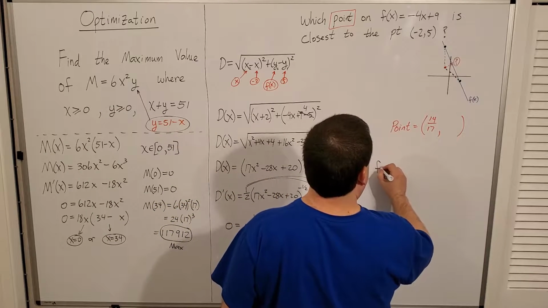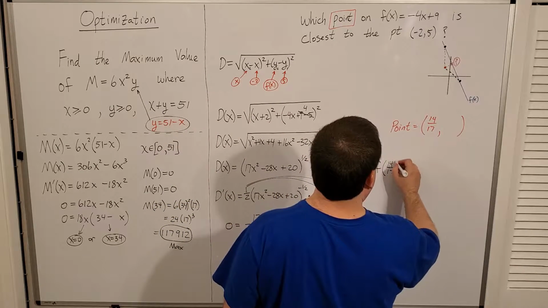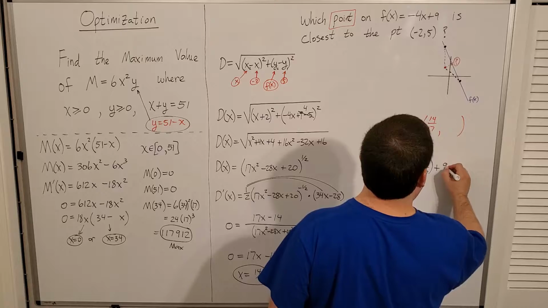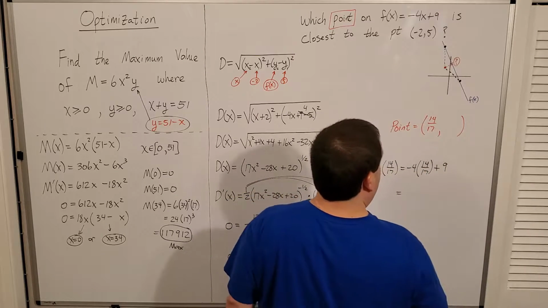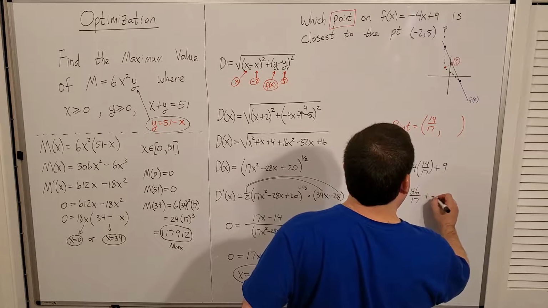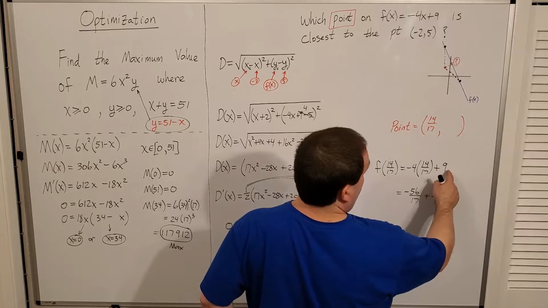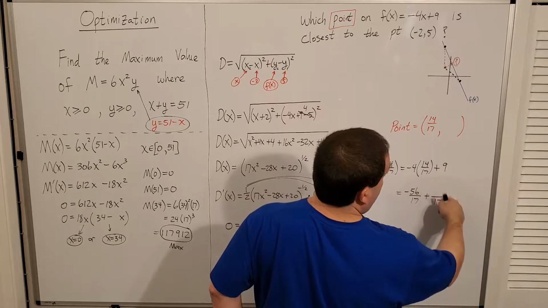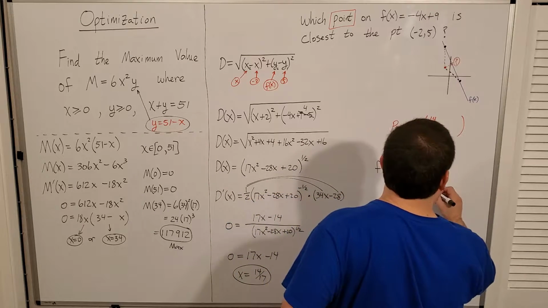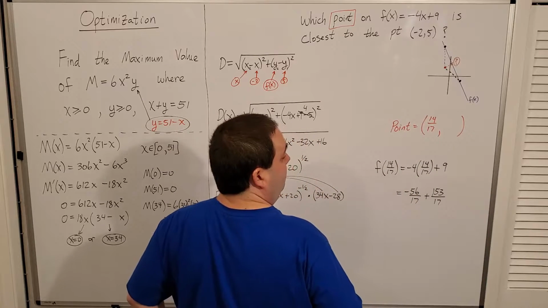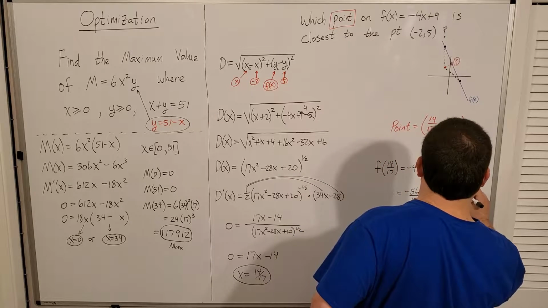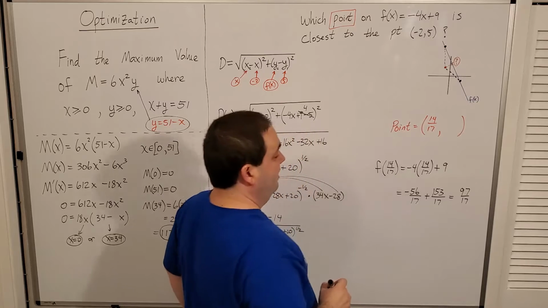I would have to do f of 14 over 17, which would be negative 4 times 14 over 17 plus 9, which would be negative 56 over 17 plus, I want to get a common denominator here, so 9 times 17, because I'll do 17 over 17 here, which will be 90 and 63 is 153, right? So then minus 56 will give me a total of 97 over 17.